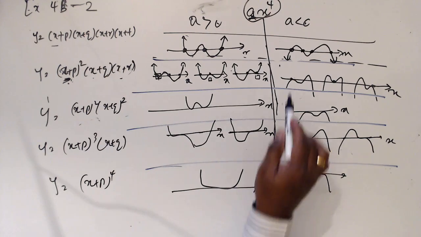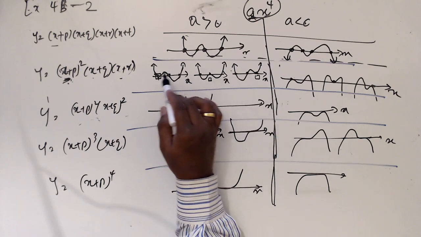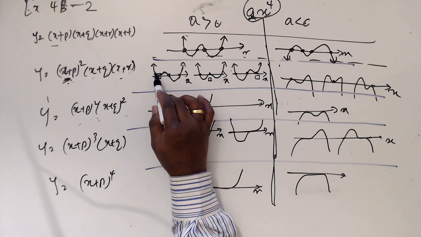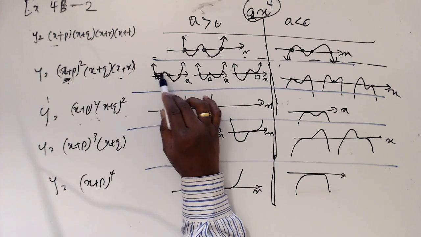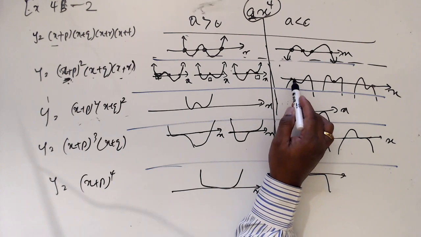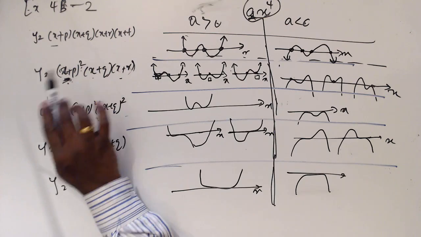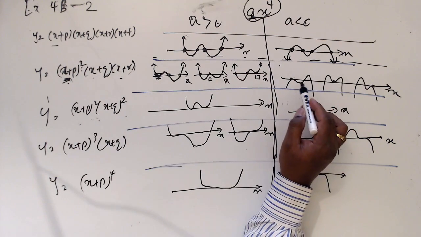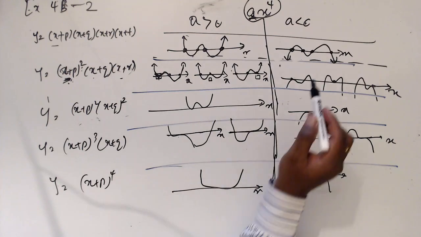And the same for a less than 0. At a repeated root, the curve touches the x-axis, when we have a squared repeated root. Cubic is different. It is a point of inflection.